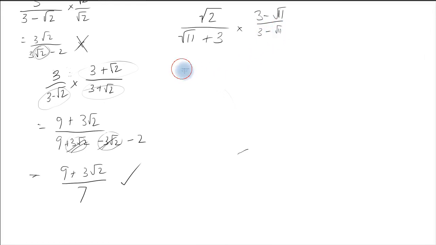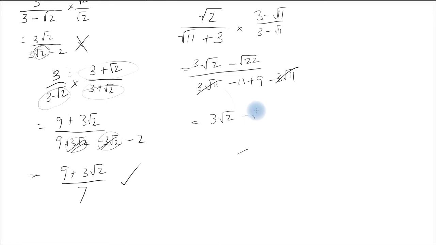Okay, so what we're going to get is root 2 times 3, 3 root 2, minus root 2 times 11 is root 22, divided by root 11 times 3 is 3 root 11, root 11 times minus root 11 is minus 11, 3 times 3 is 9, 3 times minus 11, minus 3 root 11. So these two terms will cancel out, and we'll get 3 root 2 minus root 22 over negative 2.